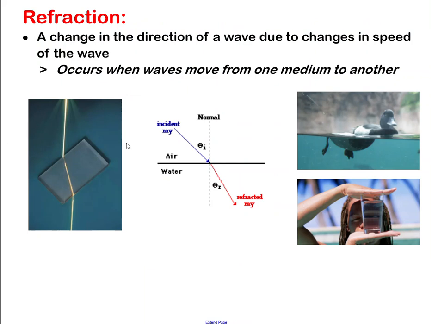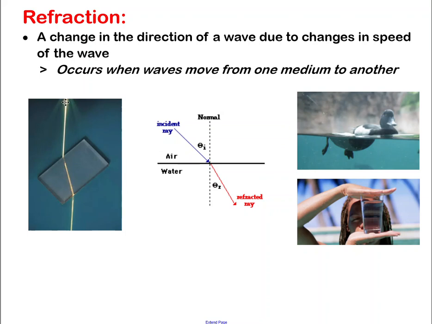Okay, so refraction is this idea that when an electromagnetic wave, again, we're going to use light because it's easy to see, but this is true of all electromagnetic waves, goes through different mediums, it changes speeds. And when they change speeds, that causes them to change directions.